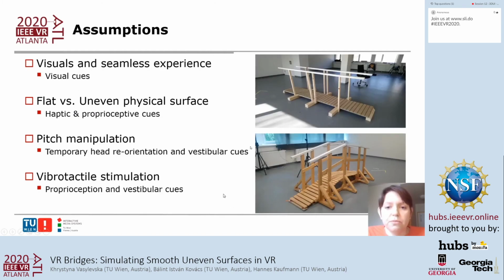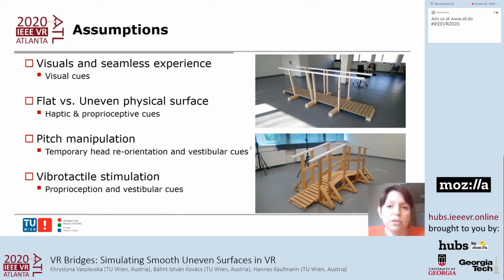Inspired by the previous research, we made our own assumptions. We prioritized visuals and seamless experience to provide the correct visual cues for the illusion that we aimed for. We also decided to try not only the flat physical surface, but also a convex real surface, assuming that the latter would make a positive difference.